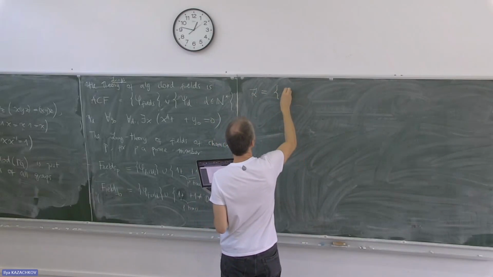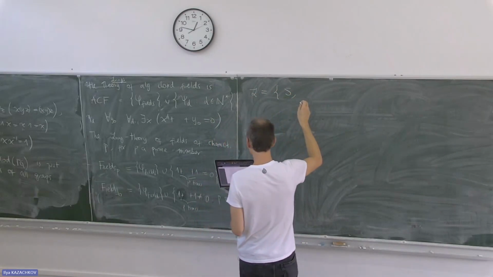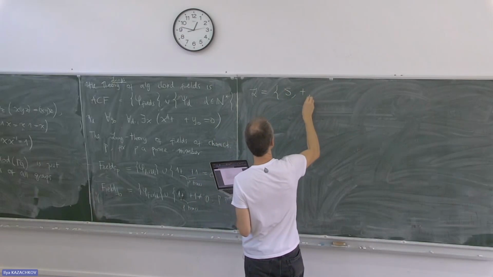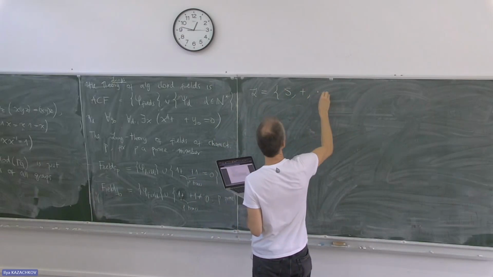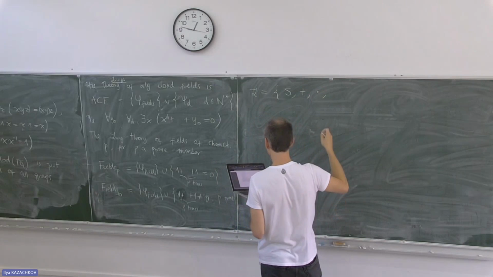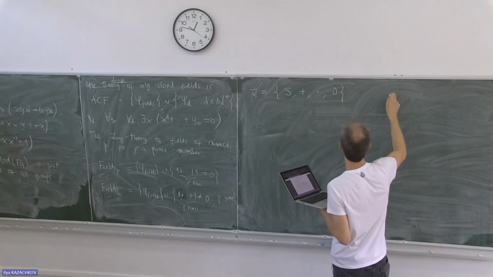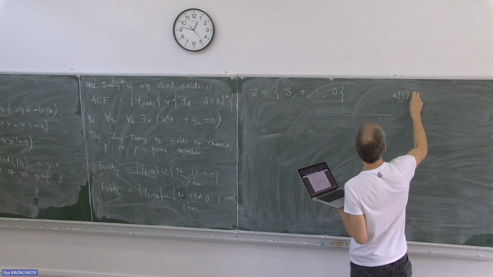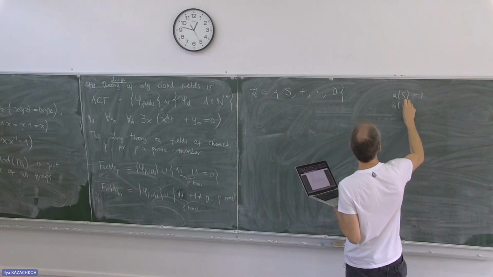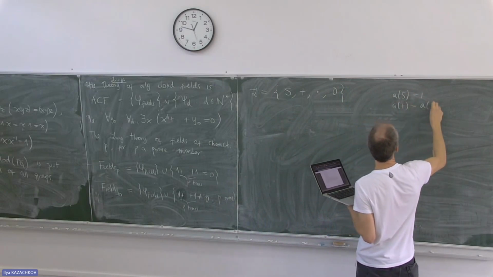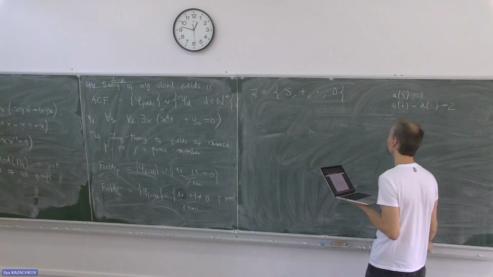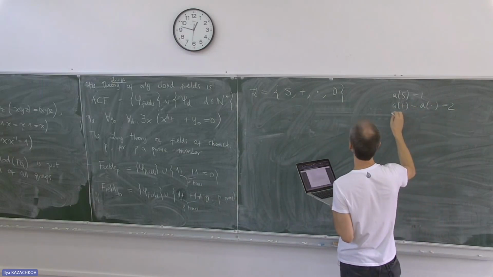S is a unary function symbol for successor, plus and times are binary functions, and 0 is a constant symbol.